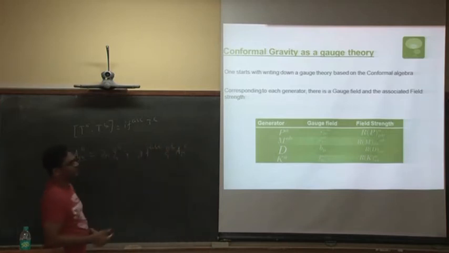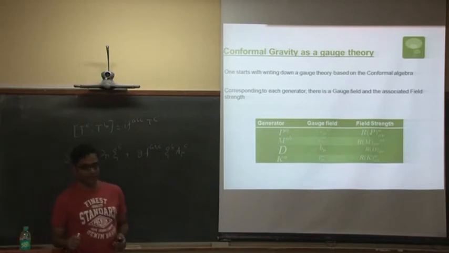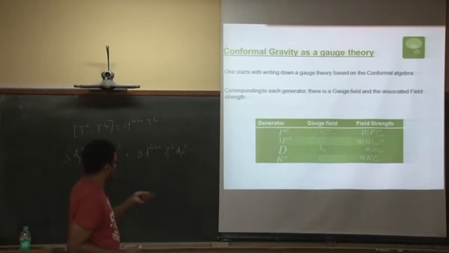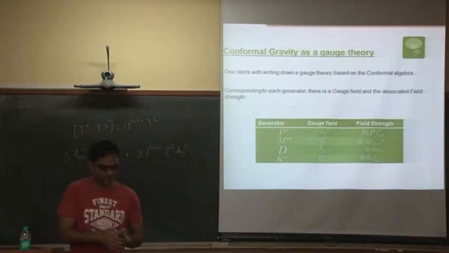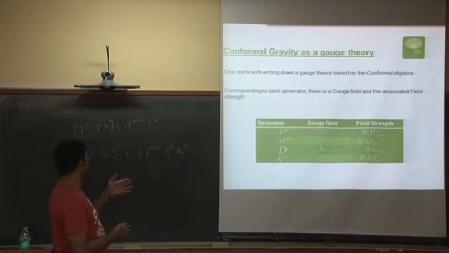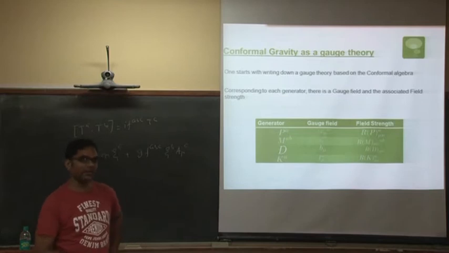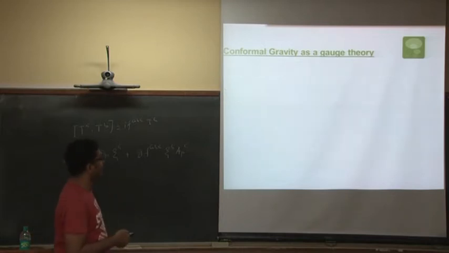Once you know the structure functions of the algebra, you know how the gauge fields transform. So till that point, it is just a normal gauge theory. Okay, but if you carefully look at it, under local translation all the fields will transform by the corresponding structure functions you have in the algebra. It will not look like a diffeomorphism. So that's the whole point.